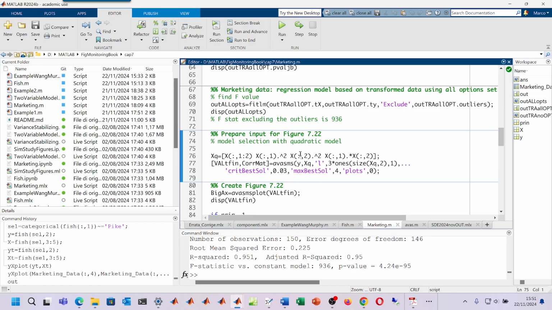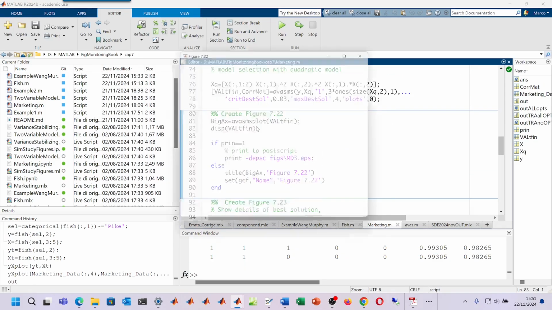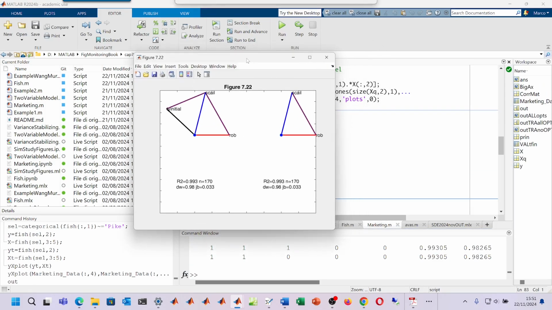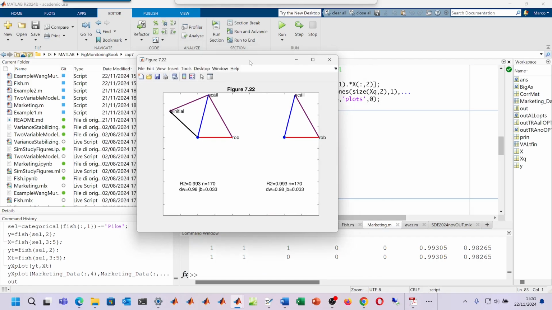Probably the linear model here is not enough to understand the non-linear relationship between the explanatory variables and the response. So we try a quadratic model. So we see we have the quadratic terms and the interaction terms. We run our automatic model selection procedure, and the best model has an R-square which is very high.